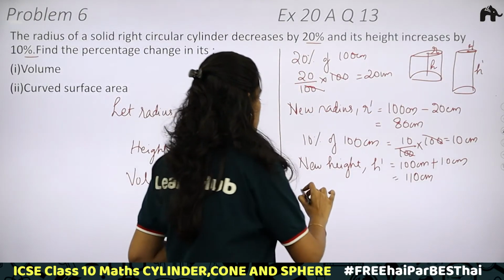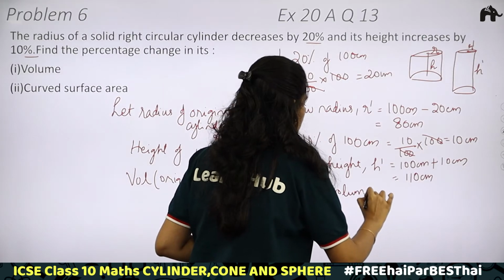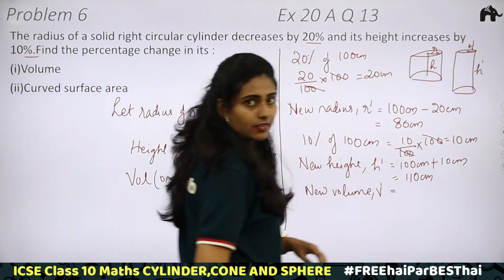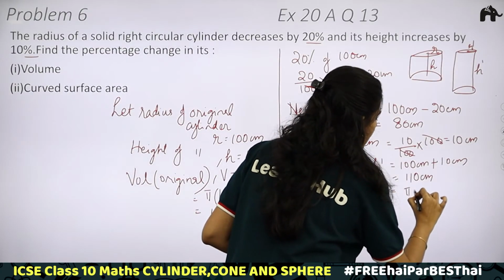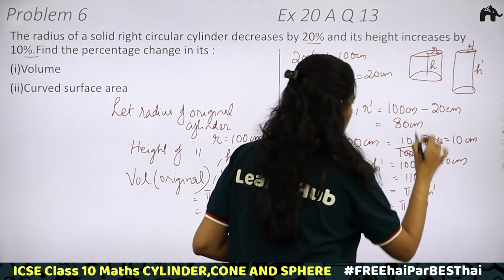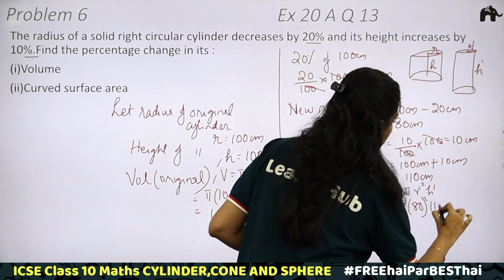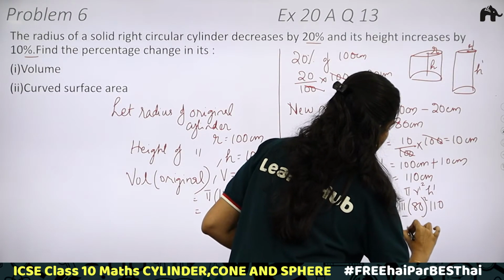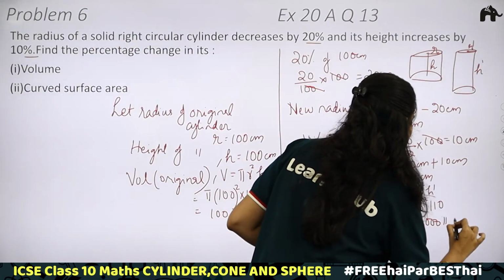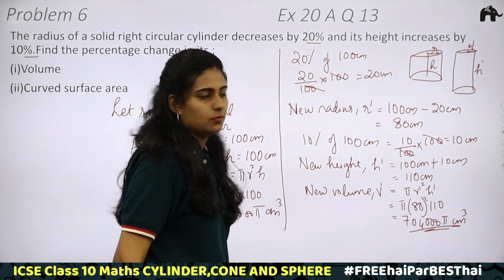Then what is the new volume? New volume V dash is equal to pi R dash square H dash, pi into 80 square and H dash is 110. We'll be getting 704,000 pi centimeter cube. So this is the new volume.